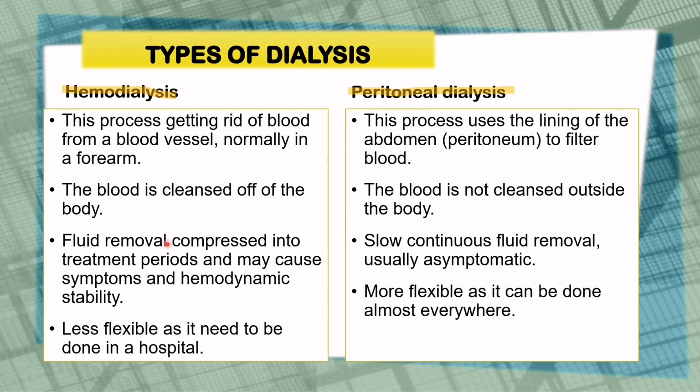Next, hemodialysis cleans the blood outside the body, while peritoneal dialysis does not cleanse the blood outside the body. Hemodialysis is less flexible as it needs to be done at a hospital. Meanwhile, peritoneal dialysis can be done almost everywhere, which is more flexible.